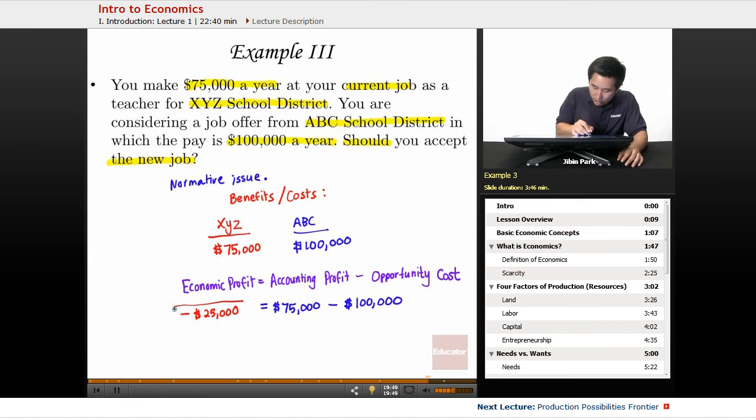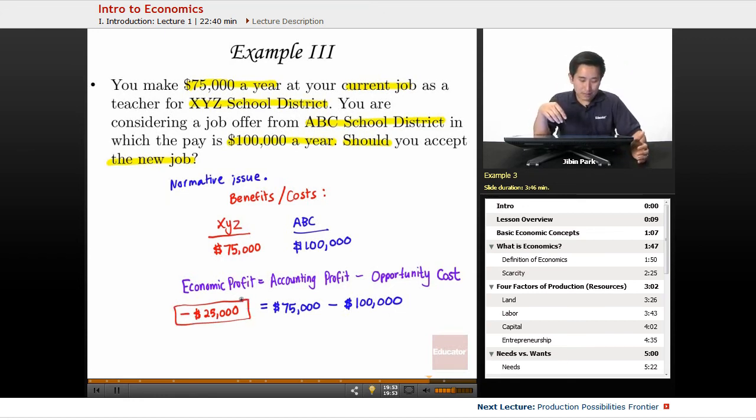So you're incurring a loss of $25,000. You are making money, but you could have been making $25,000 more. That's if you take into consideration only the monetary factors.